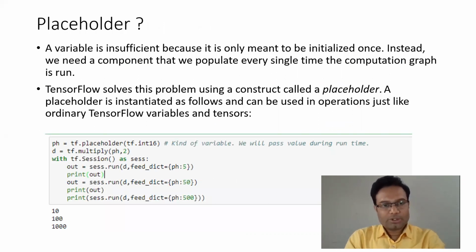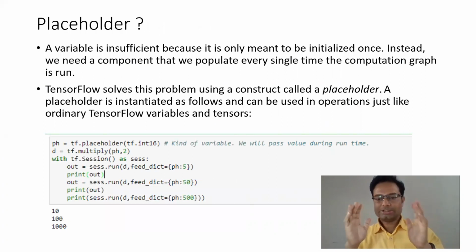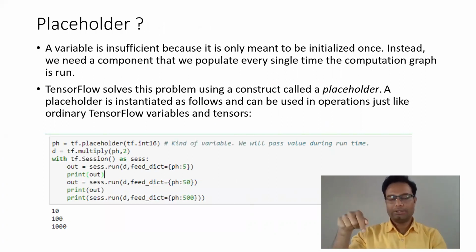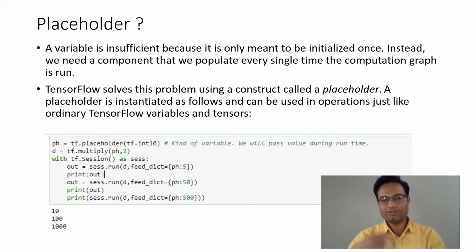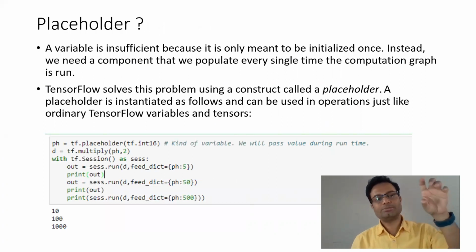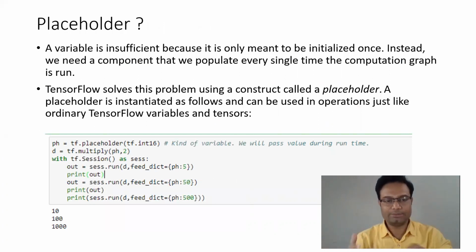Placeholder. This is also an important thing. Placeholder means you just create one place without passing any data, and during the runtime we can pass the data into this placeholder. Suppose when you do linear regression or some kind of thing, you have to pass the logic from one layer to another.